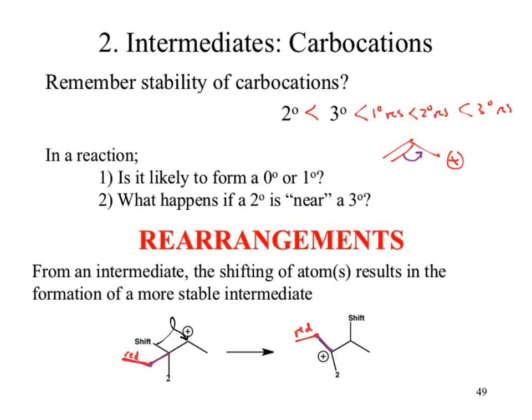We have to realize the bond angles, those shapes, all have a three-dimensional characteristic. The distance can seem far when in actuality it's very, very close. So be careful when you look at structures. Kind of make sense?